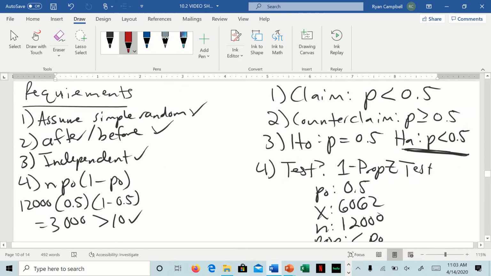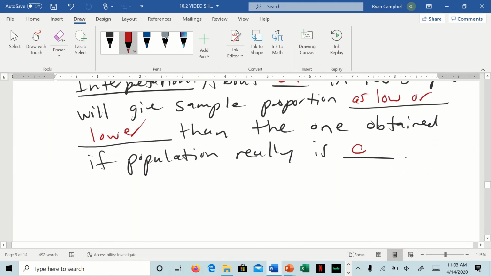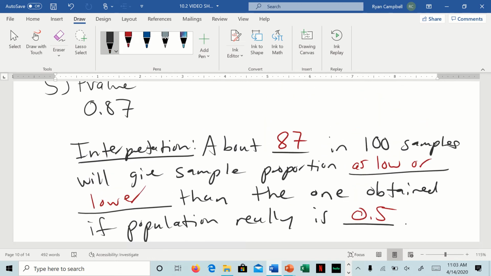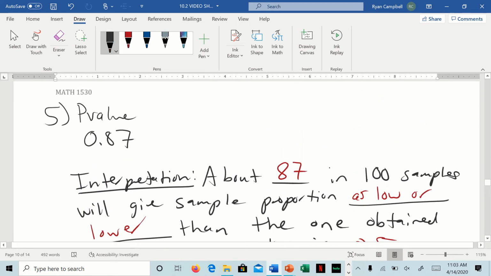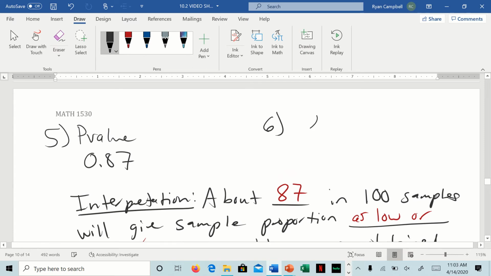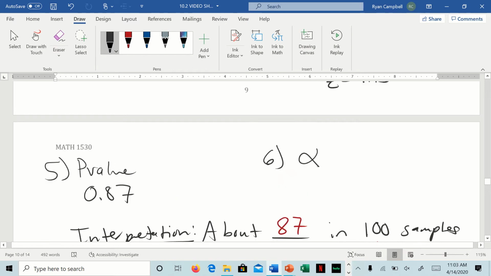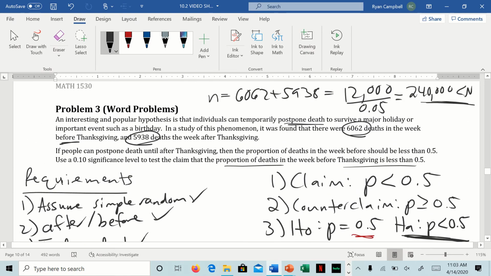So if it really is 0.5. Number 6, significance level. So significance level, they tell us it's 0.10.